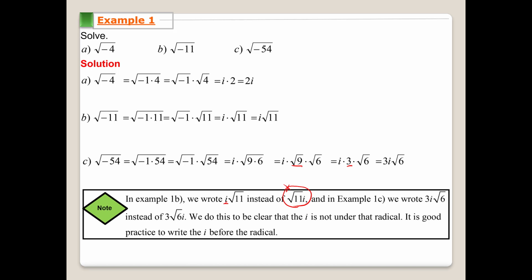So same thing as they said in part C here, you want to write it like this with your 3i in front of the square root, because if you write that i behind, again, this is no good, right? So you do this, as I mentioned, for the sake of being clear, so that the i's aren't in the radical. So it's good practice to do that.